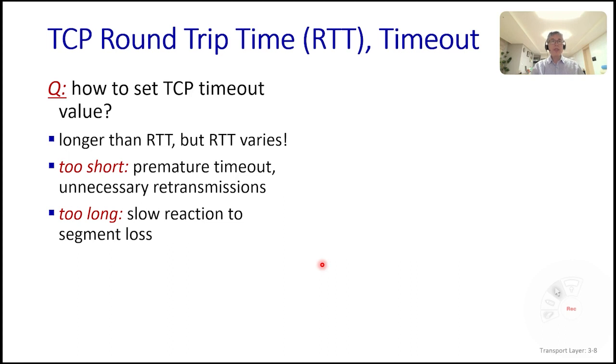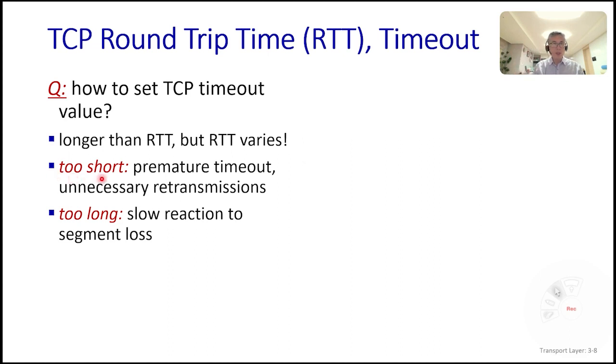And TCP round trip time, RTT, and how we can calculate it. The question is how to set the TCP timeout value. It should be longer than the round trip time, but the round trip time varies, which means it goes up and down over time.